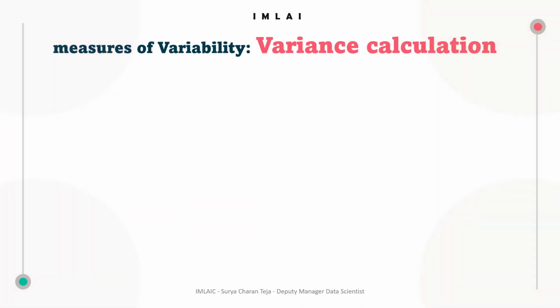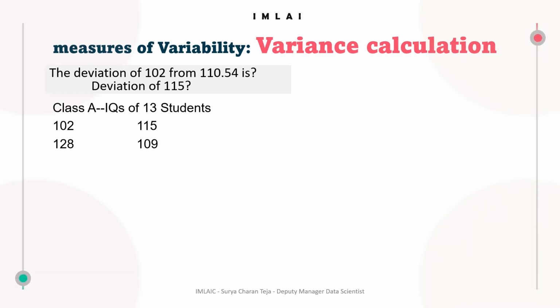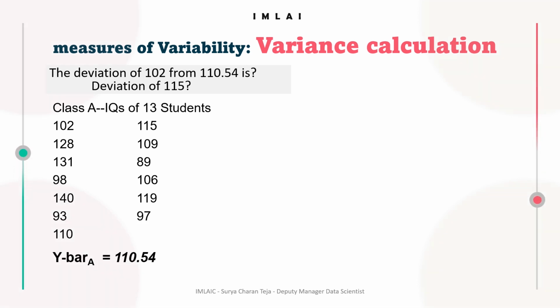Now let's move on to an example that we'll take from the IQ scores of class A, 13 students. First, the deviation of 102. These are the IQ scores of 13 students: 102, 128, 130, 198, 140. Out of that, the y bar of class A, that is the mean of class A, is 110.54.